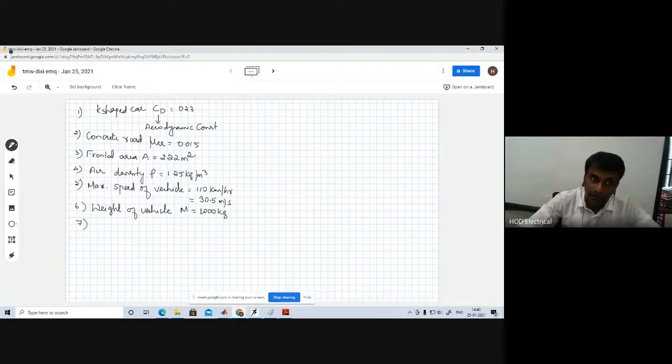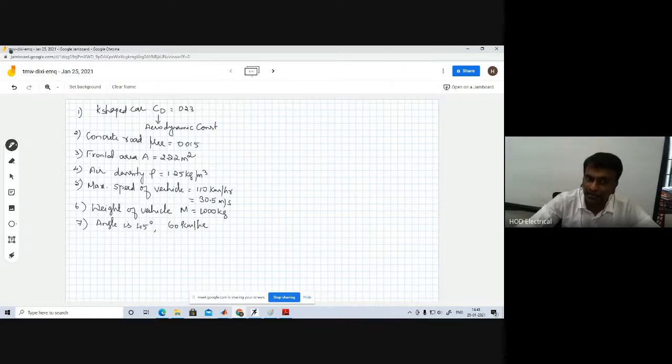Now the maximum angle at which the car can climb the hill or slope is 45 degree. I am assuming that at that time the car will travel at 60 kilometer per hour.